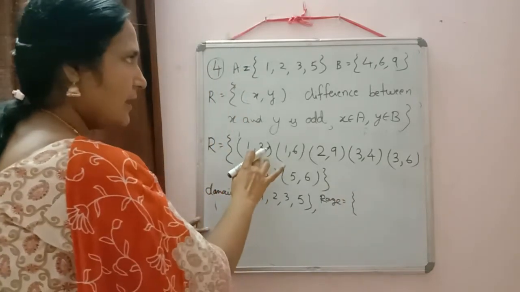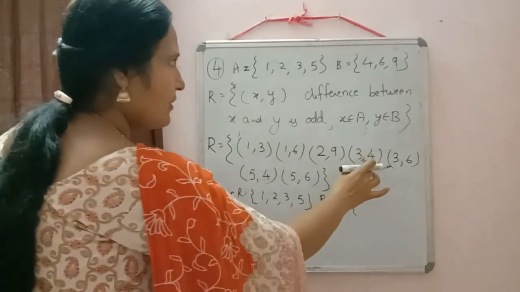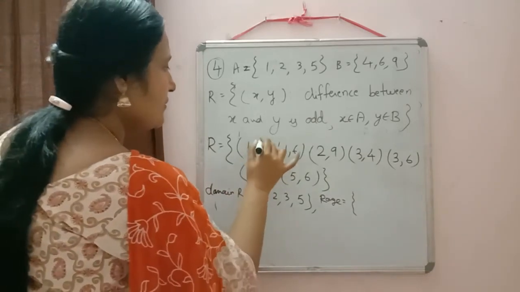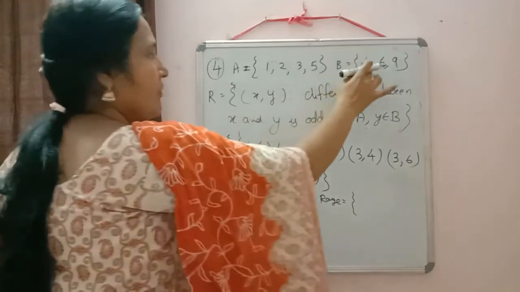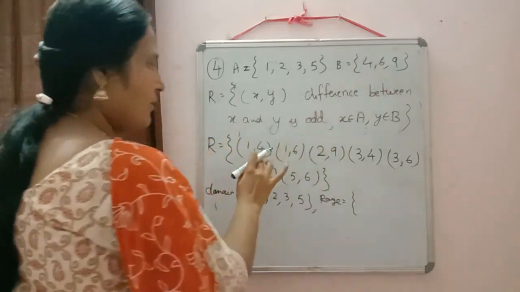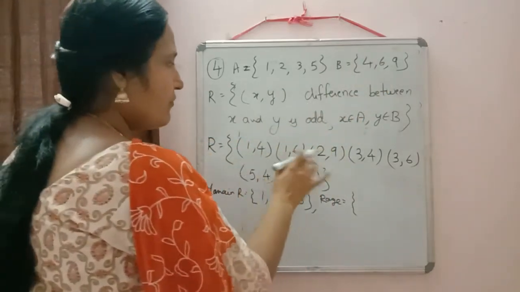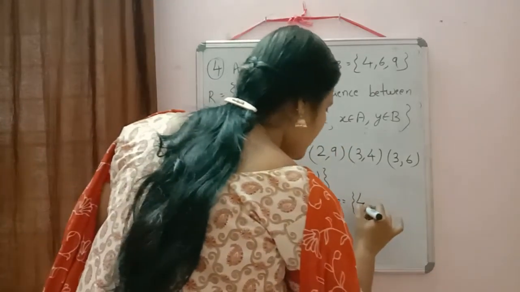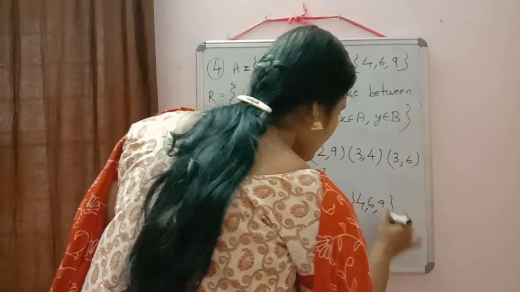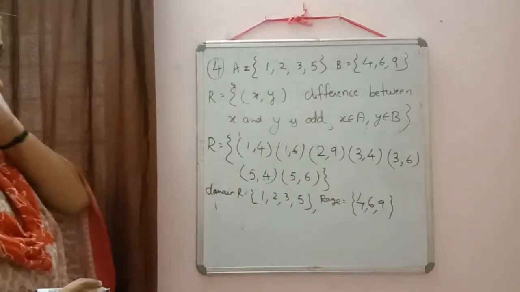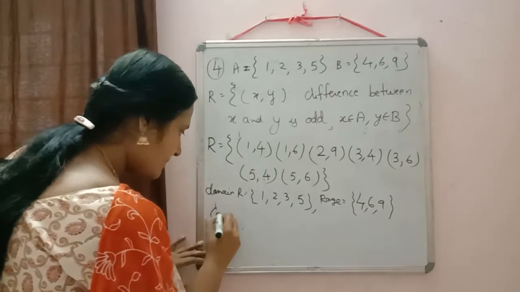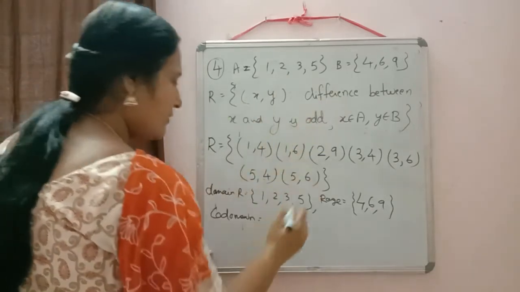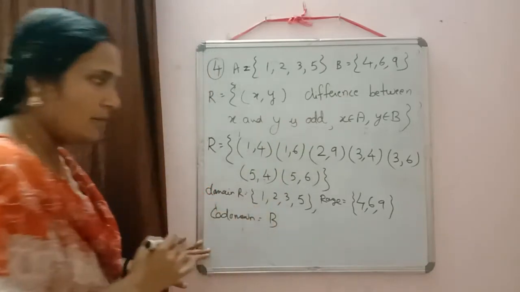Just to check, (1, 4) will come here, because the second element will belong to set B. So (1, 4), (1, 6) in this way we have 4, 6 and 9. Repetition we don't have to write two times. So range also is the whole set B. And codomain: obviously we are defining the relation from A to B, so codomain will be equal to B.